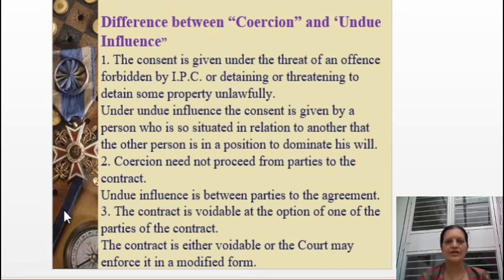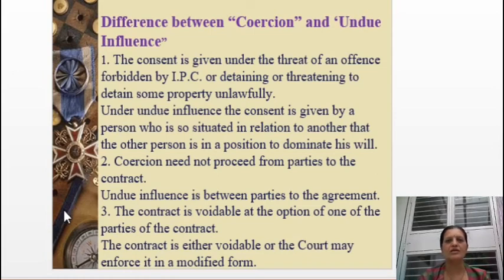In case of undue influence, the consent is given by a person who is so situated in relation to another that the other person is in a position to dominate his will. Second difference: coercion need not proceed from the parties to the contract. It may proceed from a third person or stranger. But in case of undue influence, the undue influence is between the parties to the agreement only.